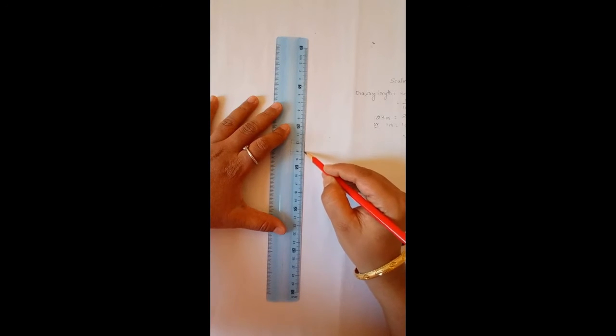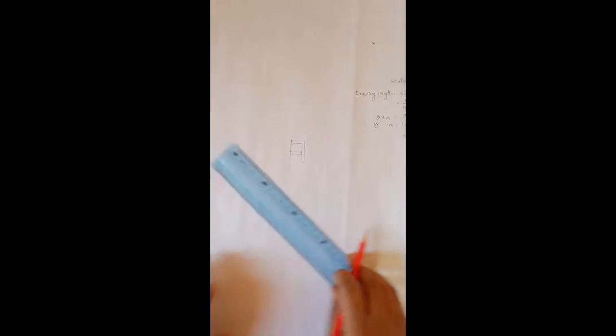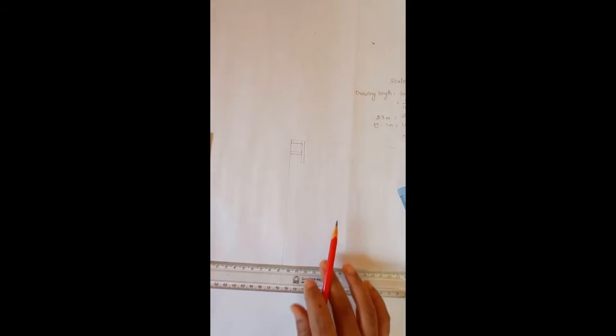Just draw a line. Now how many water closets are there? 3 are there. This side 3 and another side 3.